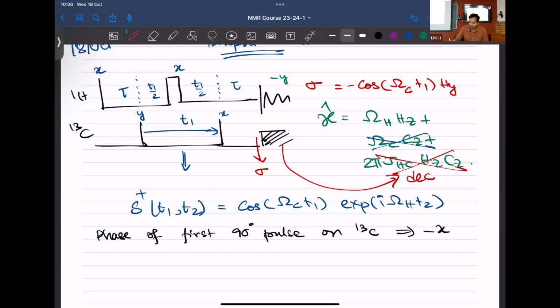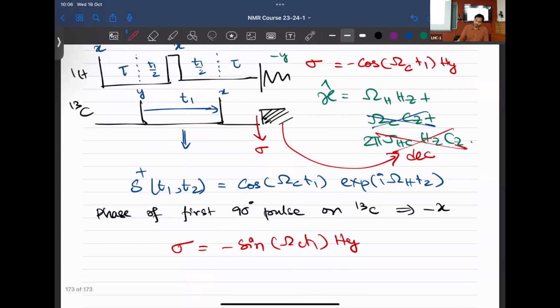Whoever solved, can you please tell me what you got? Same at this point of time. So slowly we will realize that if you see the density matrix just before acquisition, we know how to read out how the spectrum should look. Did you get it? Very good. So I'm guessing there would have been a minus sign, but let me see. Omega C T1 HY. This is what you got?